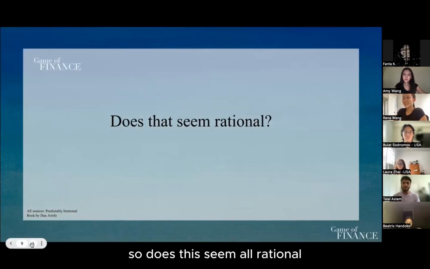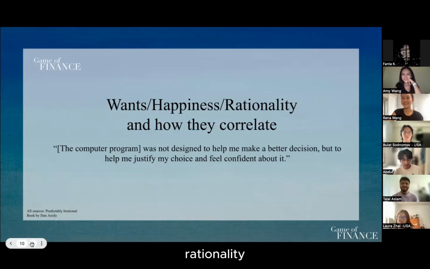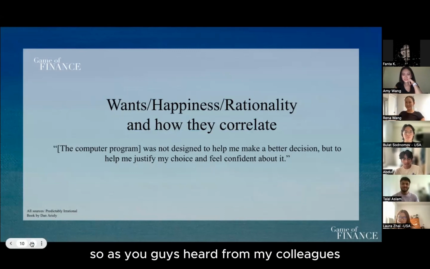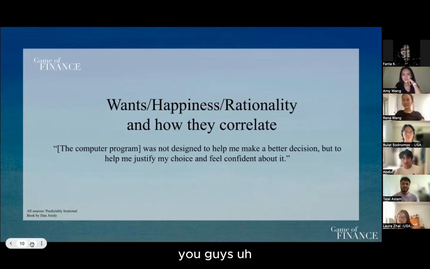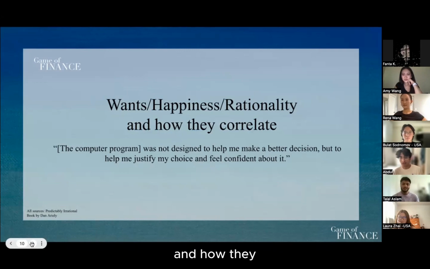So does this seem all rational? It is not rational. Wants, happiness, rationality, and how these three correlate with one another. As you heard from my colleagues, you heard the difference between wants and rationality and how they affect us, but how do they correlate with one another?